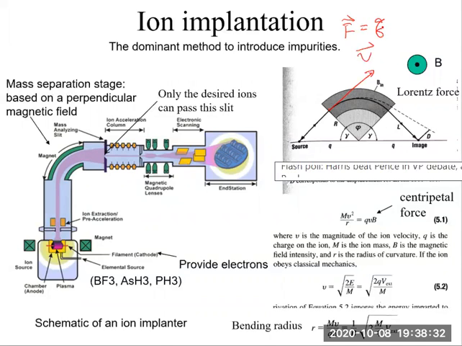F is equal to Q V cross B. Now V is in this direction. B is perpendicular to the screen and points out of the screen. So V cross B is in which direction? With the right hand rule, and Q is positive, the Lorentz force is in this direction.